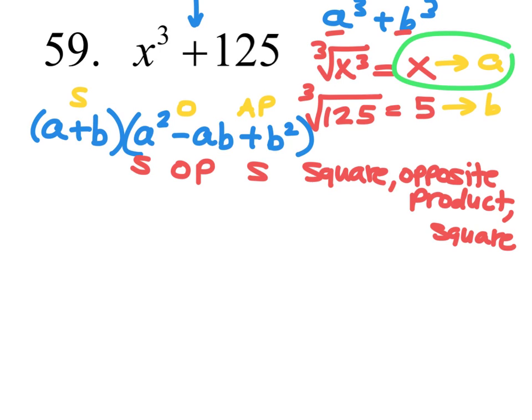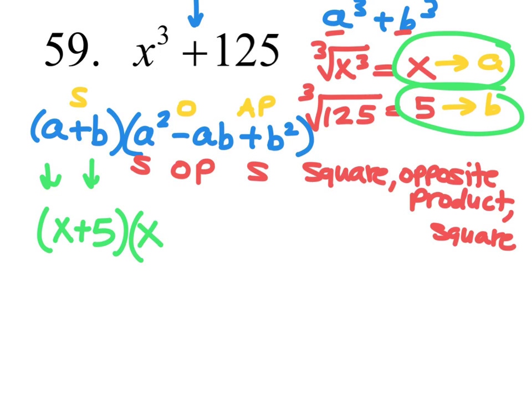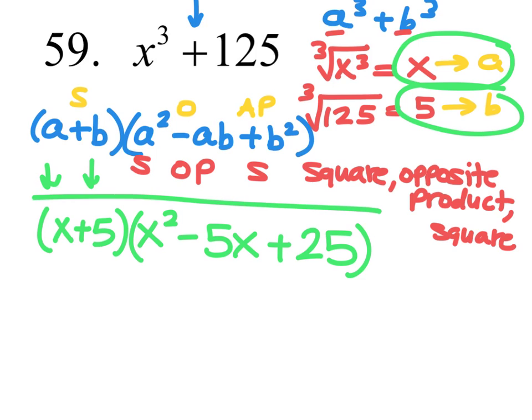Now I know that my a is x, my b is 5, and I'm just plugging into my formula. So I have x plus 5. And then I have x squared minus a times b, so that's 5 times x, plus 5 squared, which is 25. And I'm done.